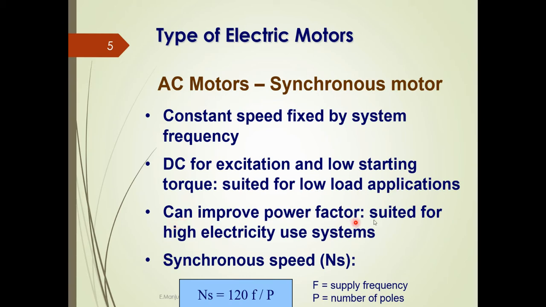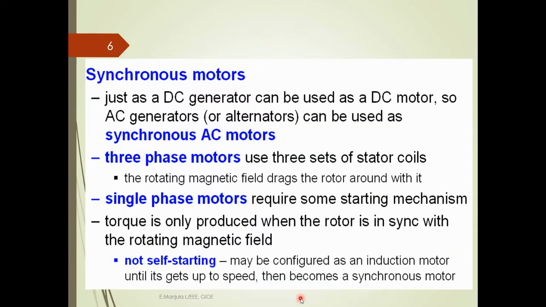It can improve power factor, suitable for high electricity use systems, and the synchronous speed is Ns. These are some of the characteristics of a synchronous motor. Synchronous speed Ns is equal to 120 f by p, where f is the frequency and p is the number of poles.